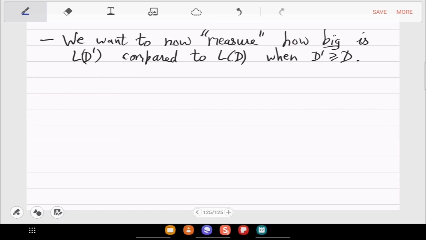So we want to measure how big L(D prime) is compared to L(D). Now both are vector spaces, so we will of course measure their dimensions. In fact, L(D) is a subspace of L(D prime), right? So we basically want to compute the dimension of L(D prime) mod L(D), that quotient vector space.